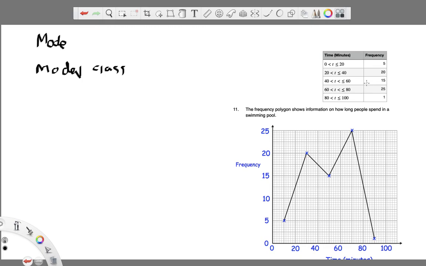What class has the highest frequency here? Well, the 60 to 80 class. So this class here. Obviously that's clear by looking at the frequency polygon. The highest peak, which is this here, which belongs to that class there. So that's how we find the mode.